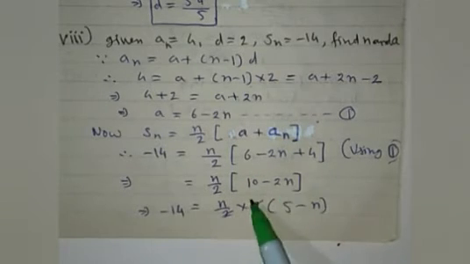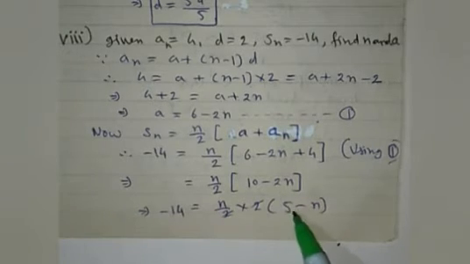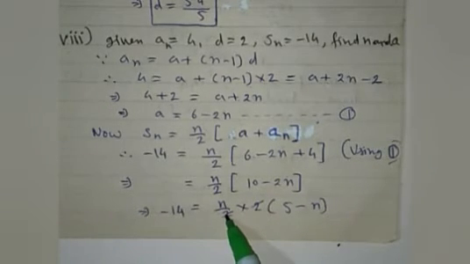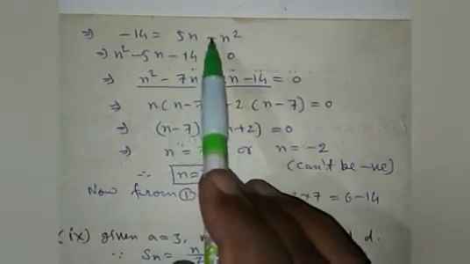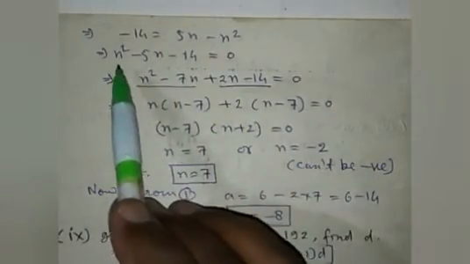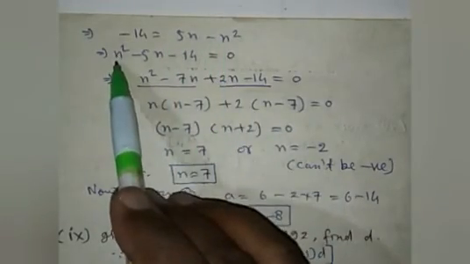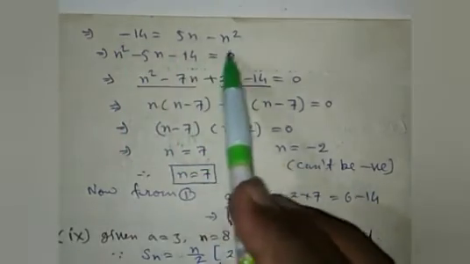Taking 2 common, you will get n by 2 into 2 into bracket (5 minus n). The 2s cancel out. So minus 14 is equal to 5n minus n square. Taking all the terms to the left hand side, minus n square will be plus n square, 5n will be minus 5n, and minus 14 is equal to 0.